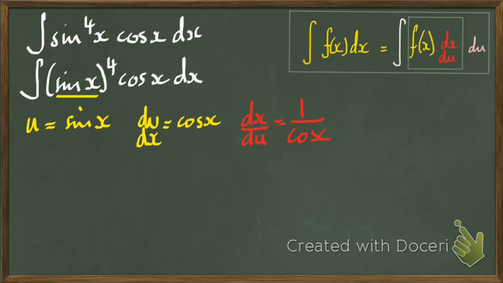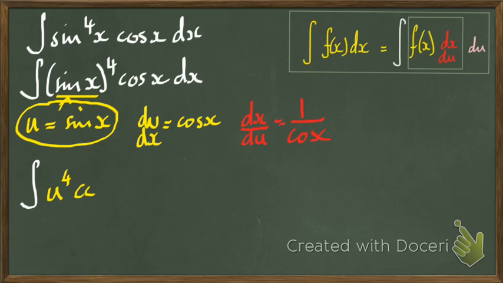So here we go, and I will colour coordinate this to the responses I put in here. I have the integral of, and the one thing I'm going to do is take one step. I've already said that u equals sine x, so I'm going to write it as such. So it will be u to the 4 cos x, with that bit added in.